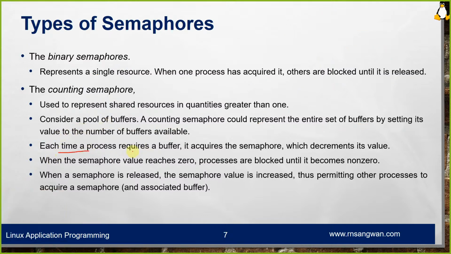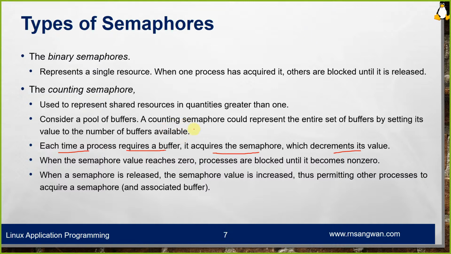Each time a process requires a buffer, it acquires the semaphore, which decrements the value, meaning the number of buffers left for acquisition is 9, assuming that we had 10 buffers. Another process requires a buffer, so we have available buffers now 8 for acquisition.